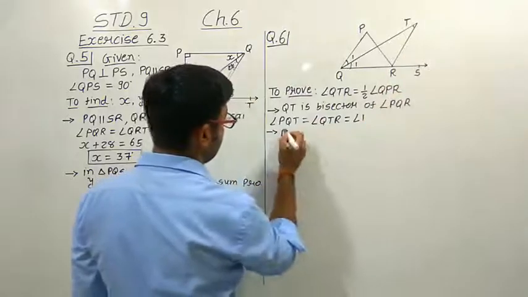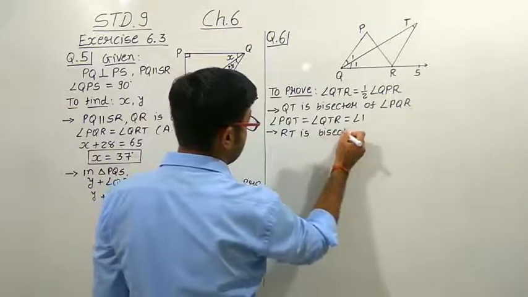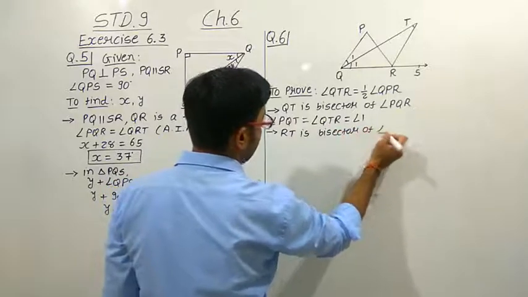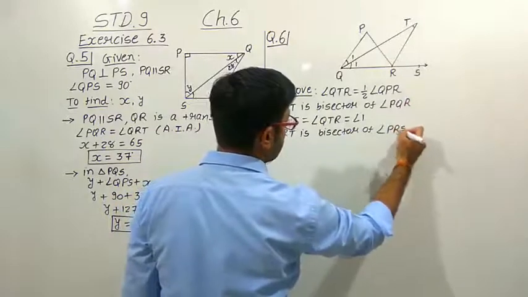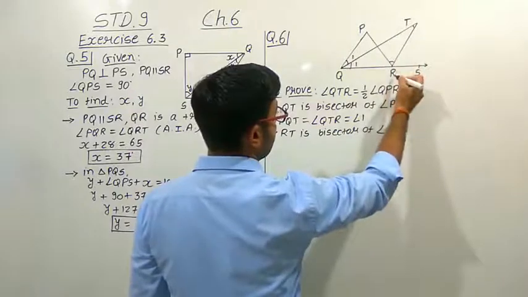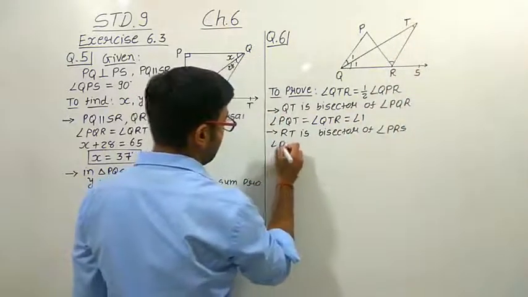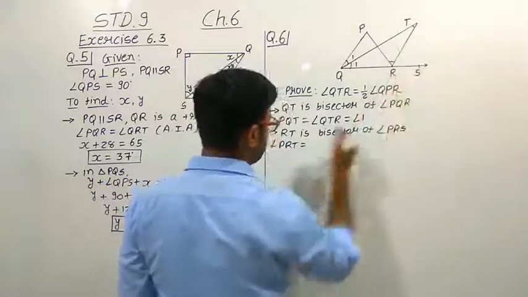Now in the same way, here RT is the bisector of angle PRS. Again, two angles we get here. First angle is this, that is angle PRT, and it will become equal to angle TRS.